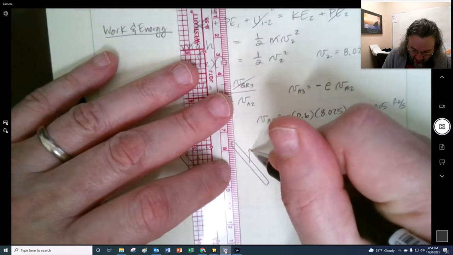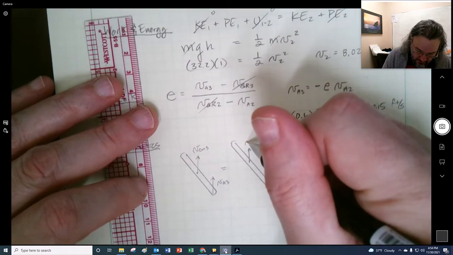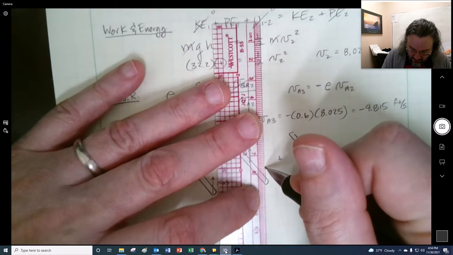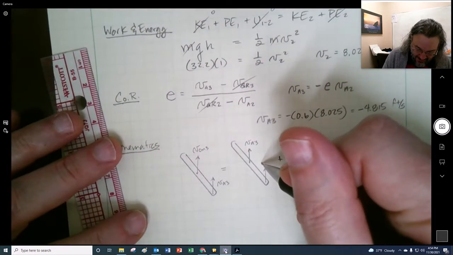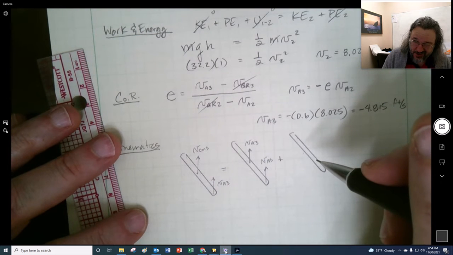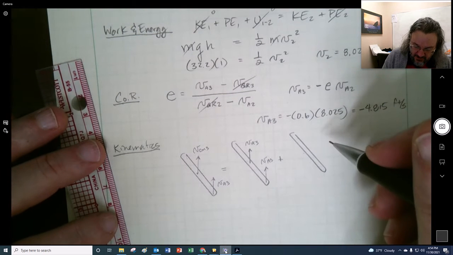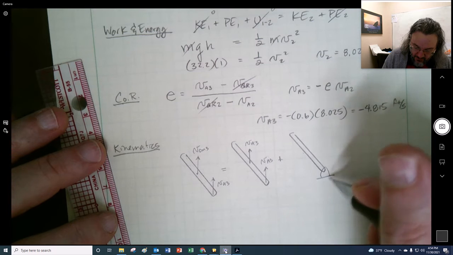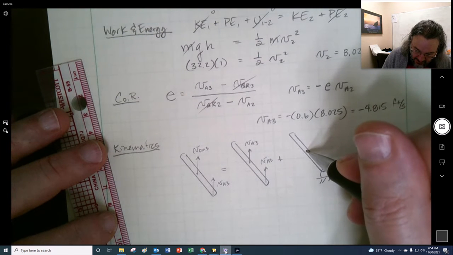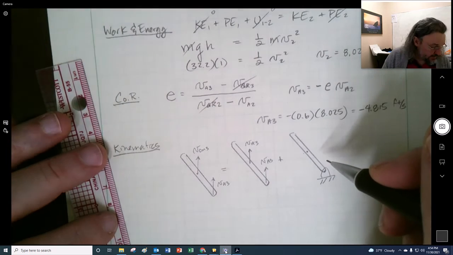I'm trying to think about whether it has any horizontal component to it, and I think it kind of has to, but I'll show you in a minute where it can't. So I'm a little bit stuck on that. But anyway, we'll just keep on moving with this. All right, so we want the velocity at the center of mass.